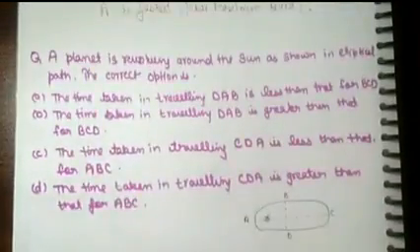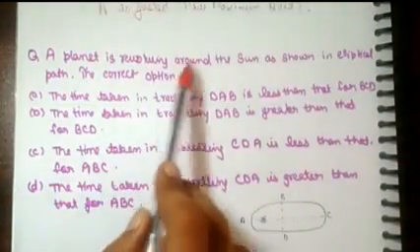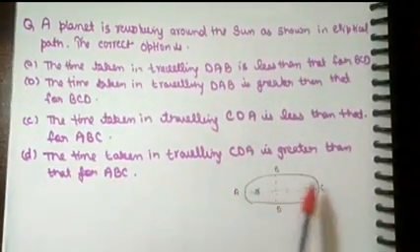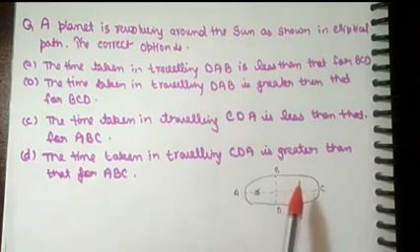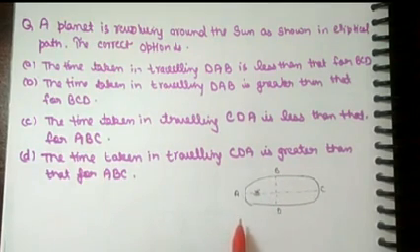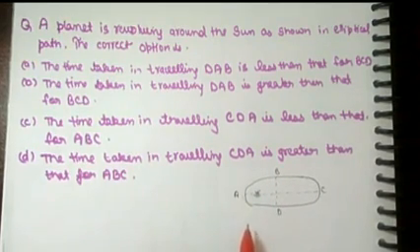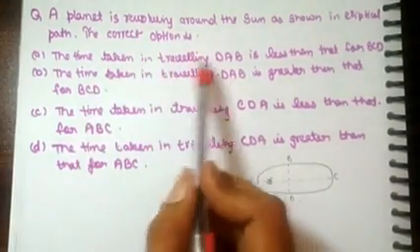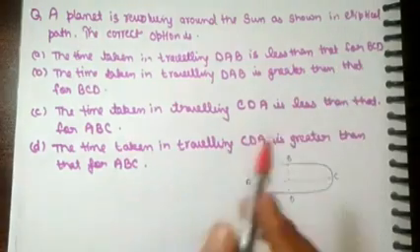Similarly, in the next question, a planet is revolving around the Sun as shown in the elliptical path. So here we are provided with an elliptical path, and he is saying that the planet is revolving around the Sun. The first option is saying that the time taken in traveling DAB is less than that for BCD.